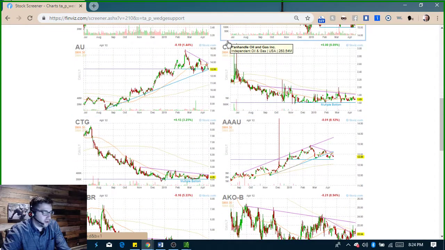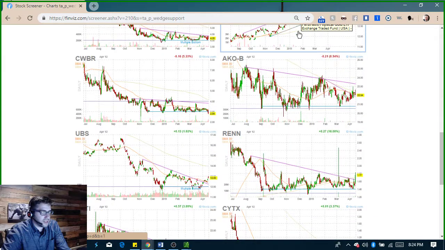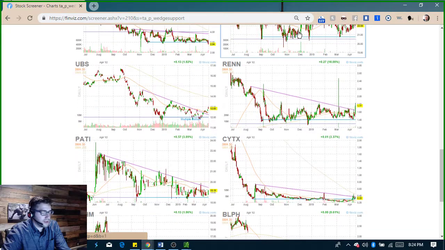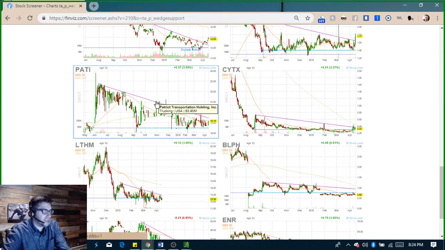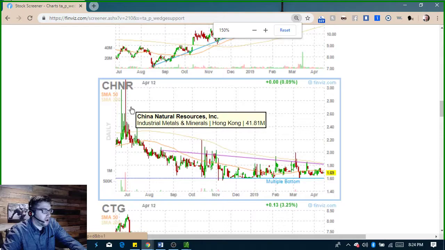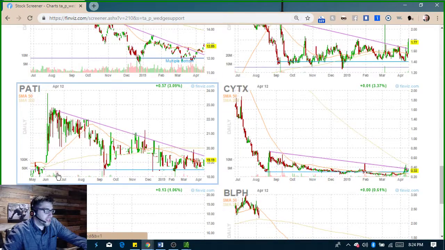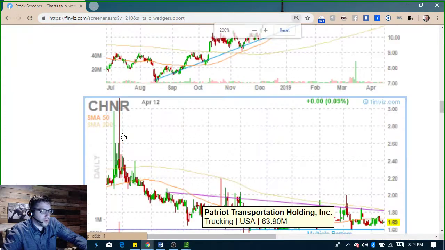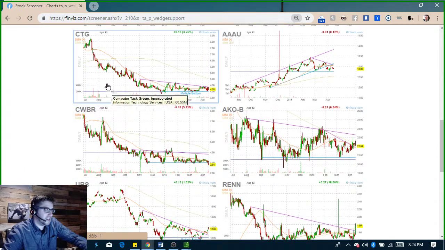That's why I always try to find the best example I can for a descending triangle, and none of these look too clear. PATI looks pretty clear. There you go. It's kind of got the same bottom, same bottom, same bottom, but then again, it's not that clear of a formation. When I'm looking for a formation, I'm looking for something as clean as possible.